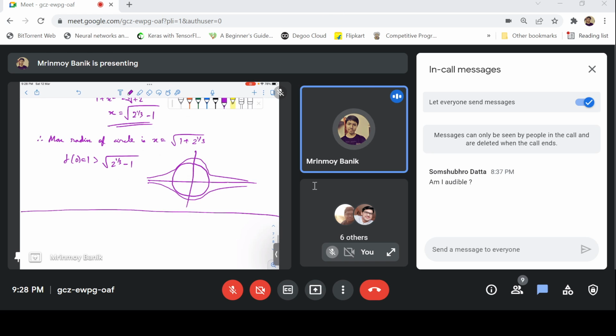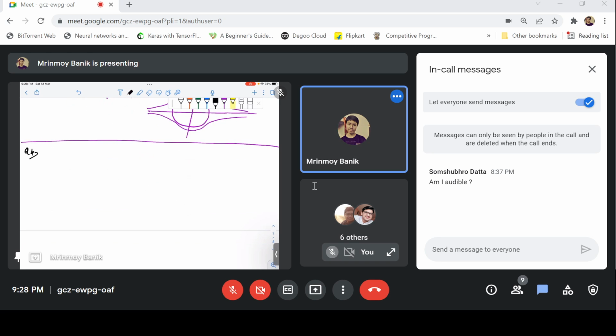Okay, now moving on to the last question. So f is a function from closed 0 pi to R. It's differentiable. So f is also C1 in 0 to pi, and there doesn't exist x in 0 pi such that f of x is equal to f dash x equals to 0.